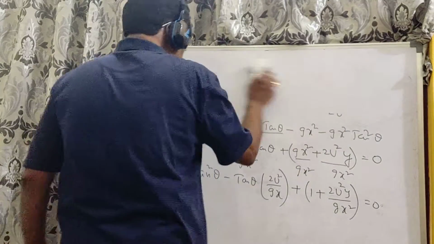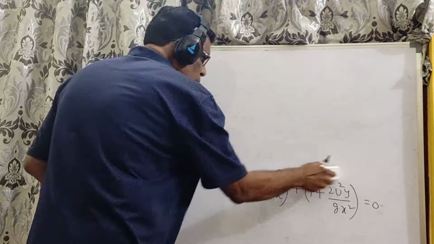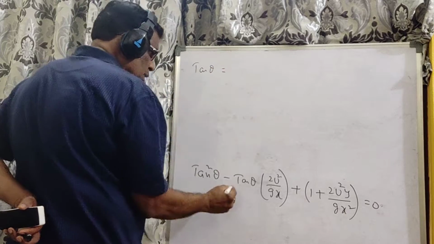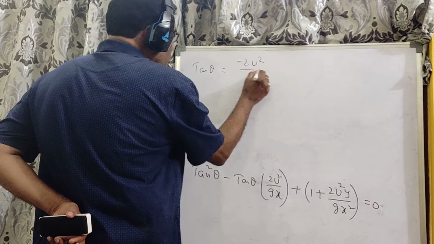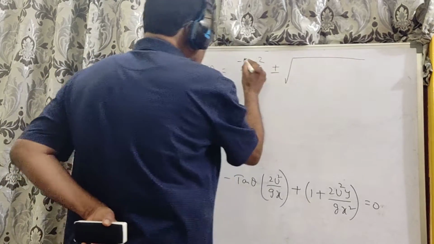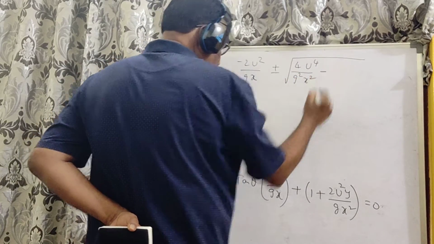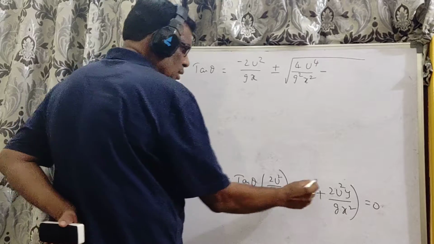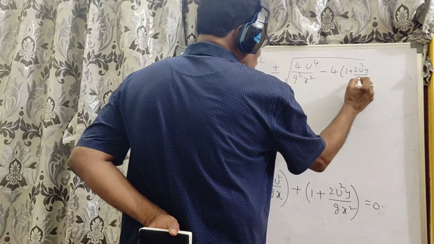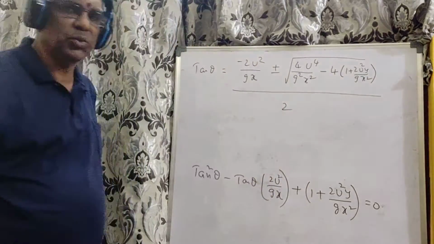So what we will do here is write the generalized expression for tan theta. What is tan theta? Minus b plus or minus under root of b square minus 4, a is 1, c is 1 plus 2u square y by gx square, whole divided by 2a.